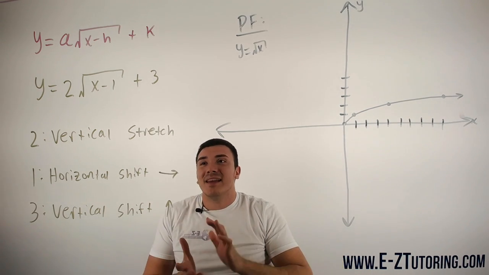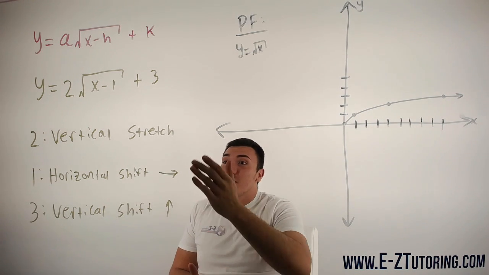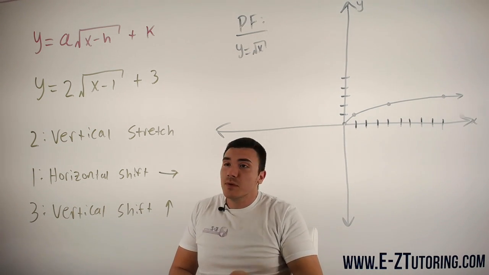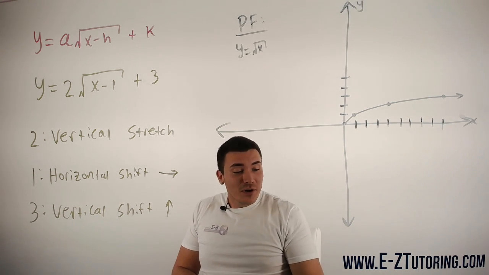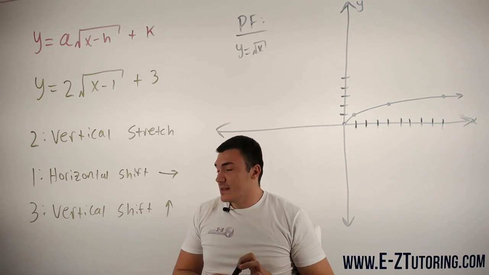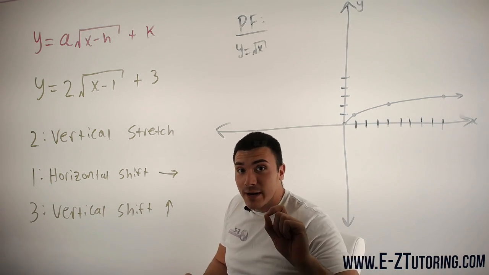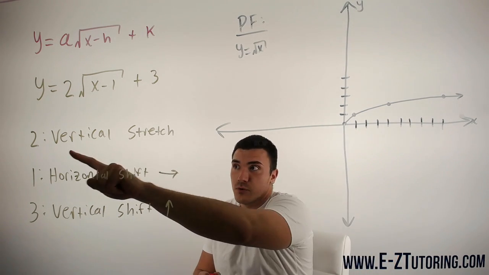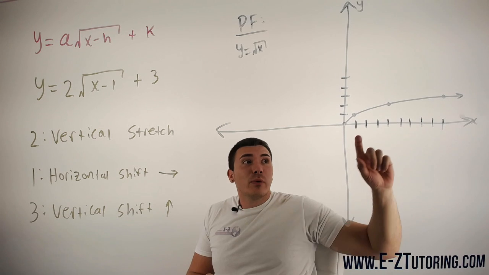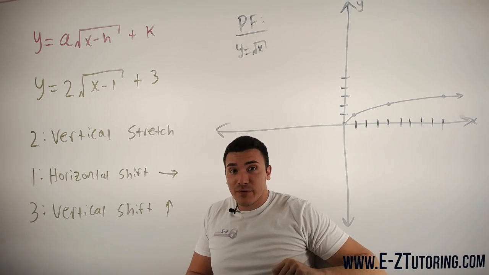All right. So let's start off with a vertical stretch of 2. You can do these in any order, it doesn't really matter. So a vertical stretch of 2 simply means that we will take each coordinate and look at its height, how high up it goes, since we're doing vertical, and multiply that by a factor of 2.